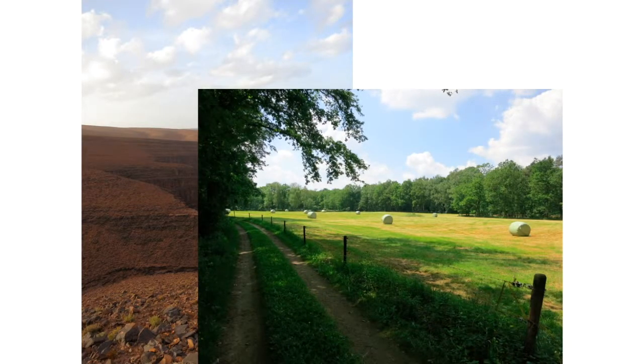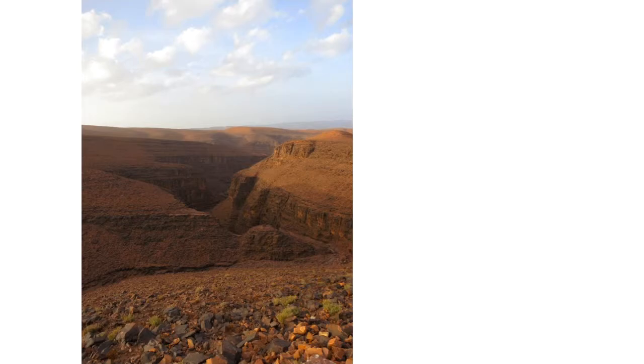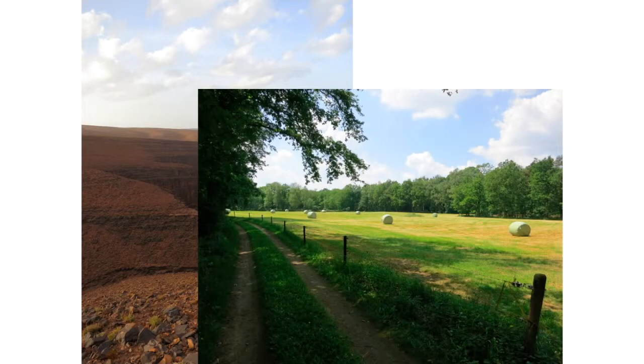And here we see the landscape of my youth. This is near where my mother and father live, in the east of the Netherlands, and it's a completely different landscape. And I've asked you, what are the main differences between the mountains and the arid regions, and of course, this. And it's a lot greener.